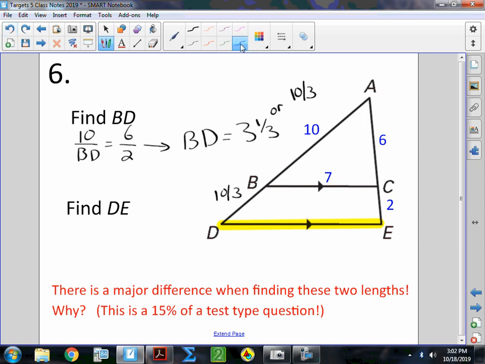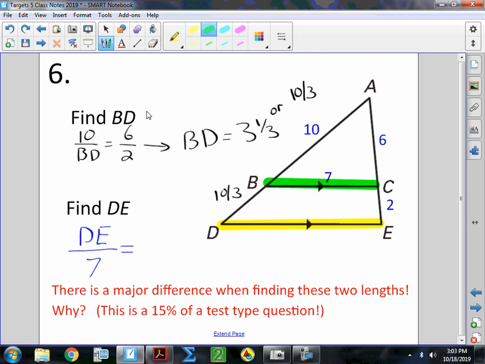So if I use DE, which is the bottom of the big triangle, I'm going to write that as a ratio with the bottom of the small triangle. The bottom of the small triangle is 7. I need to set that equal to a part of a triangle. 2 is not part of a triangle. 10/3 is not part of a triangle.